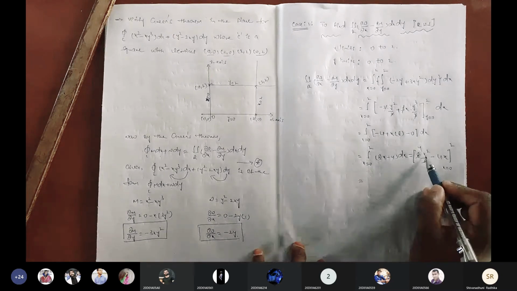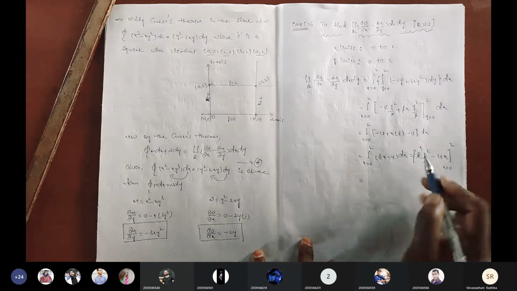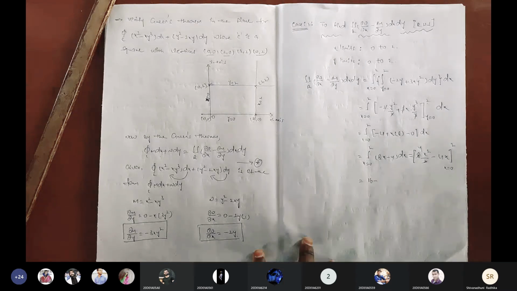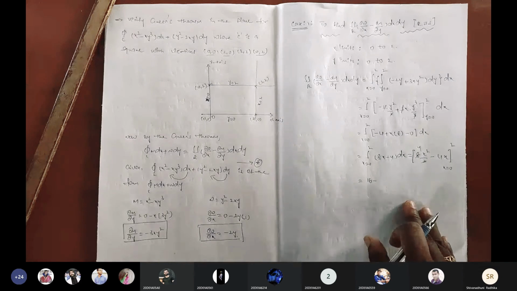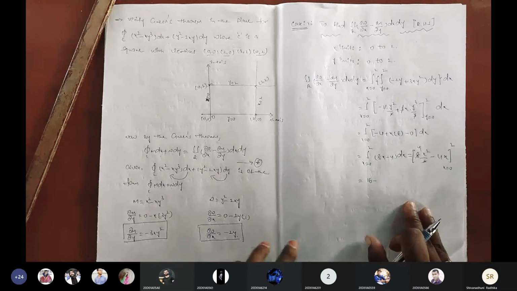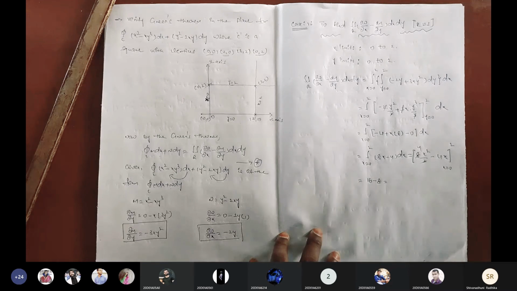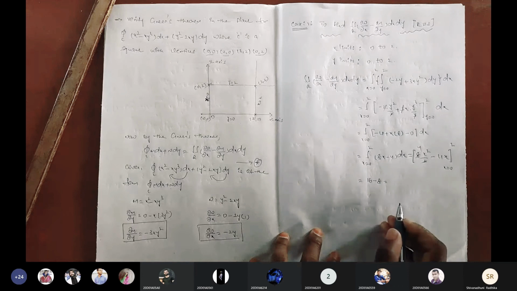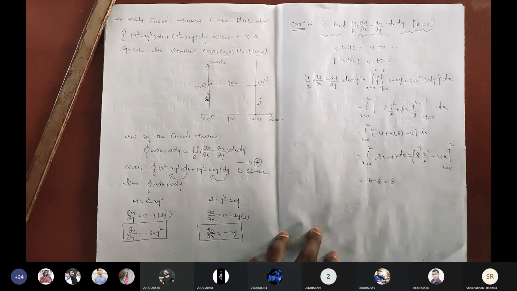Now substitute the x limits. Upper limit is 2. 2 square, that is 4. 4 into 4, 16, minus remaining what we have? 4x, that is 8. Clear? Now what is the answer here? 16 minus 8, that is 8.